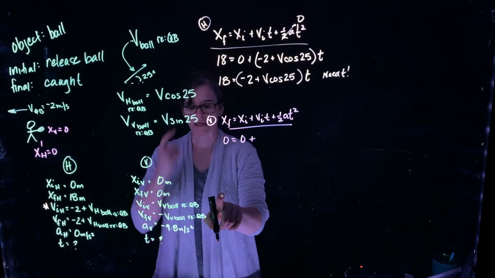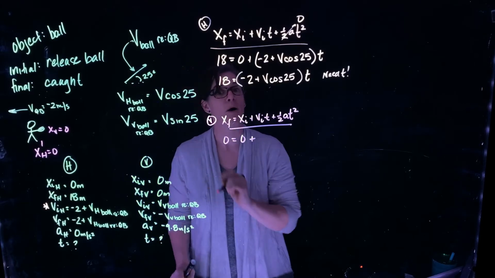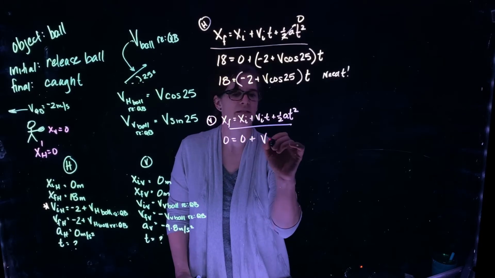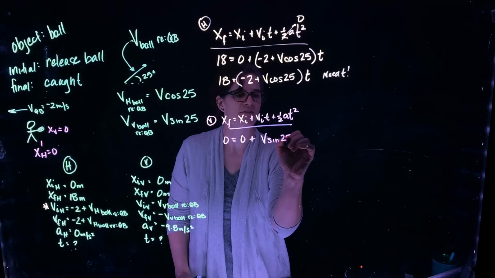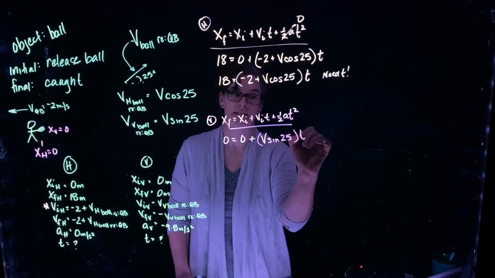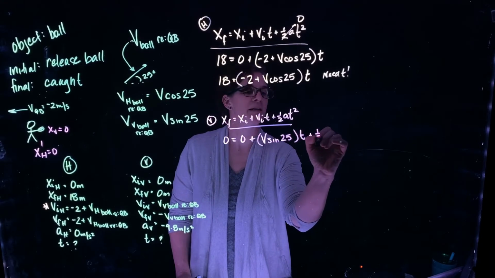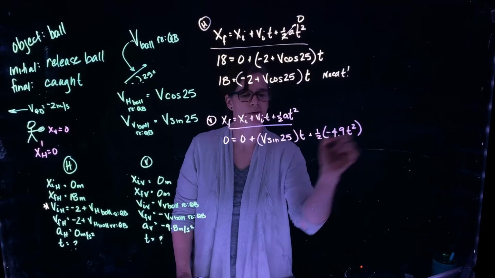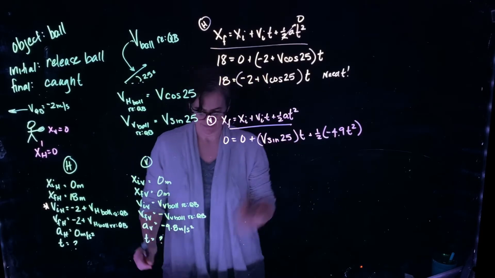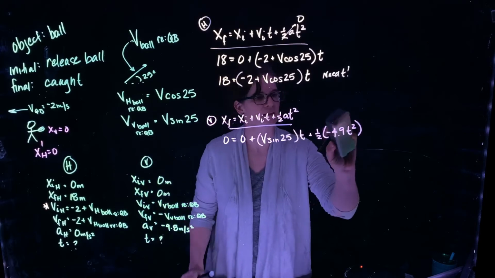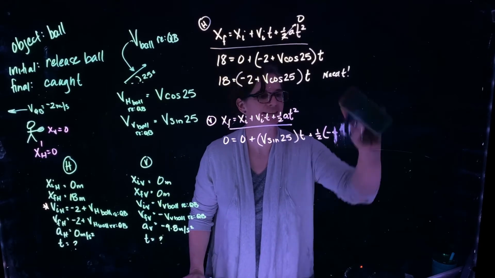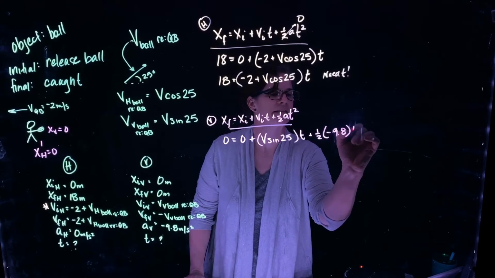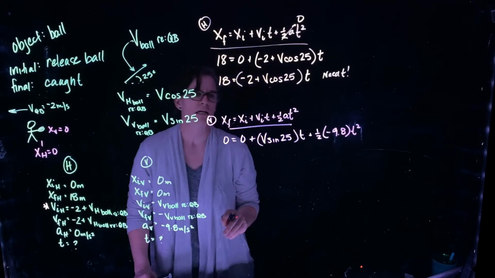My initial velocity is the initial velocity of the ball relative to the quarterback, which is the velocity I'm interested in, times the sine of 25 times t, plus 1/2 negative 4.9 t squared. Oops, 9.8. Not negative 4.9, that's what 1/2 9.8 is. I'm used to writing that. 9.8 t squared.